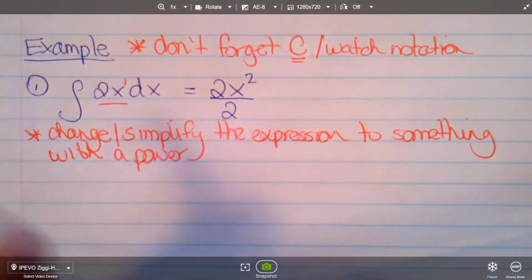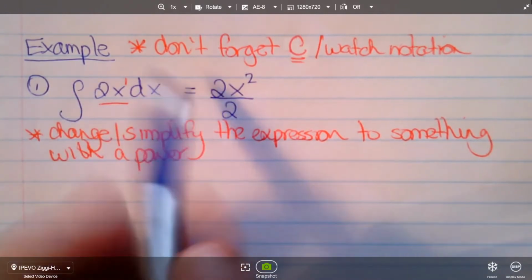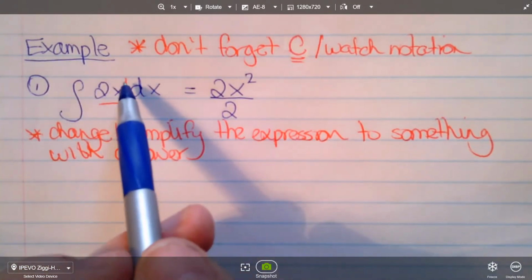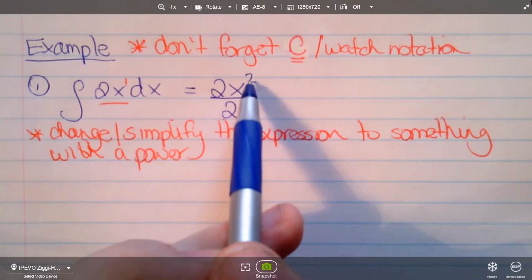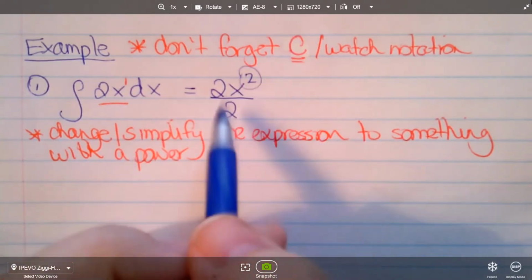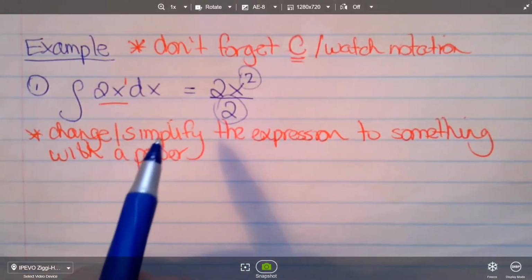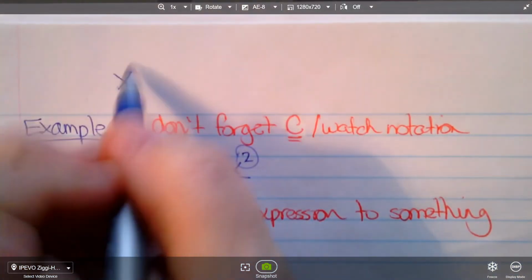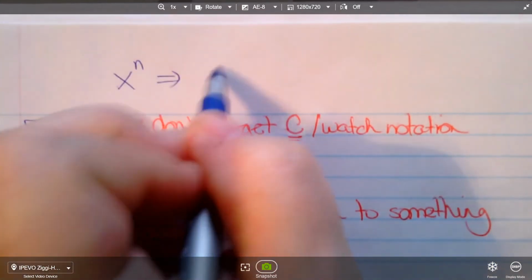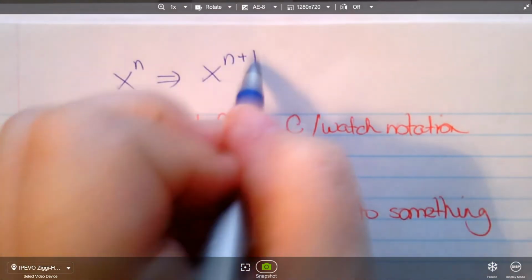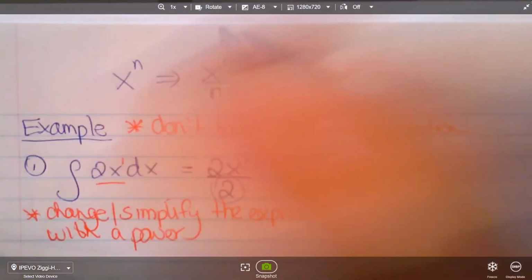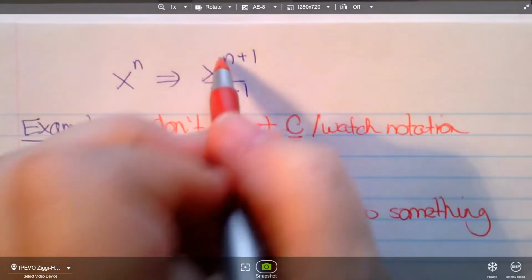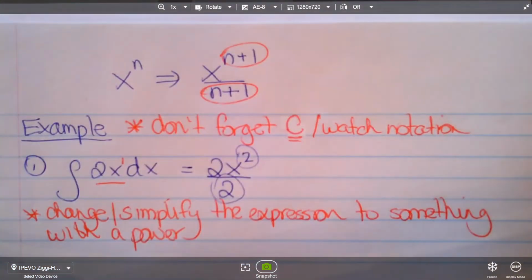Okay, so a nice little shortcut. This is how I normally do it. I look at my power, add 1, and whatever's here goes here, because that's what the power rule says. The power rule says that x^n becomes x^(n+1) over n+1. So this new power and this below are exactly the same thing.